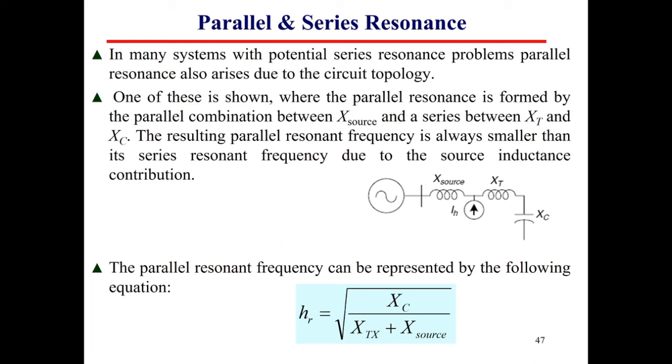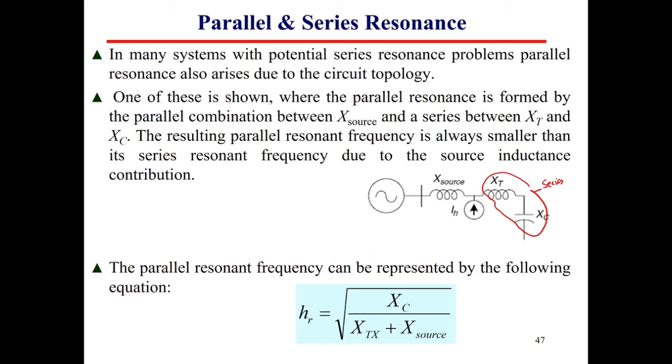In this circuit you will notice that we have both. This is our series resonance, and then we also have another reactance that represents the reactance of the source. This part and that part will be connected in parallel, so as a result we are going to have parallel resonance. So we have series and we have parallel.